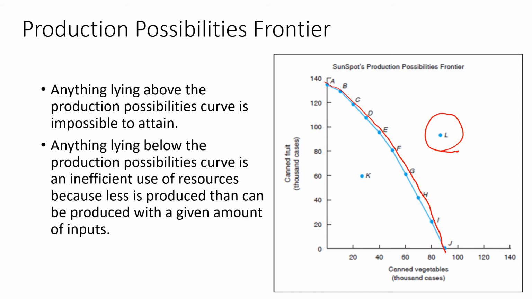It's not possible with the inputs that this company has available to them. Anything that lies below the production possibilities curve is an inefficient use of resources because the company is not maximizing all of the inputs that they have available to them, and they're producing less than they actually can. So they are going to want to produce somewhere on the production possibilities frontier.